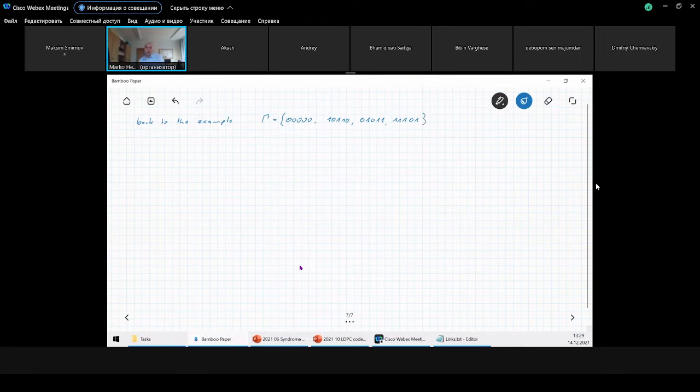So these were the members from our set of code words for this example, and we wanted to come up with this coset table here, the coset mu.